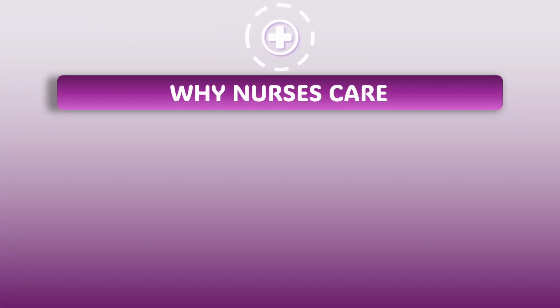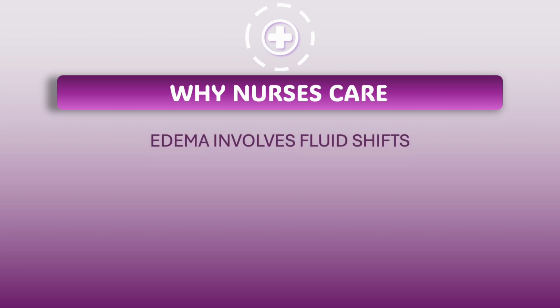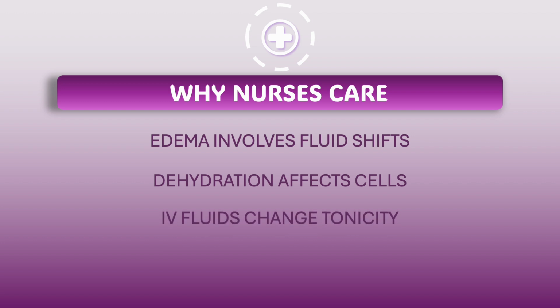So why should nurses care about fluid balance and osmosis? Well, when patients develop edema, they can have fluid shifts within different compartments of their body. Edema can lead to many other complications, so we need to be able to assess this quickly in the patients. Dehydration affects the body cells, and this affects fluid balance very directly. IV fluids can change tonicity and can change how the body cells are accepting or rejecting fluid.